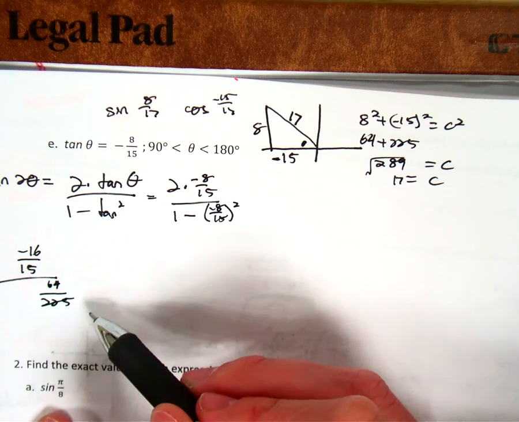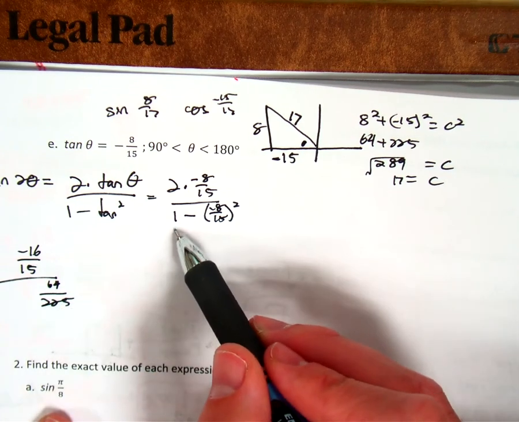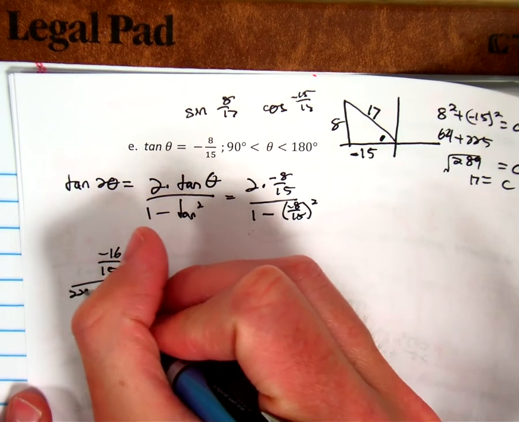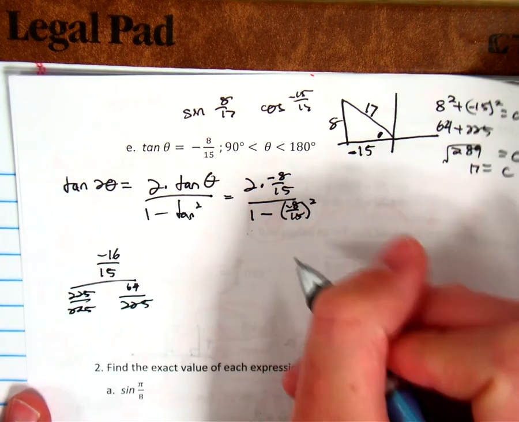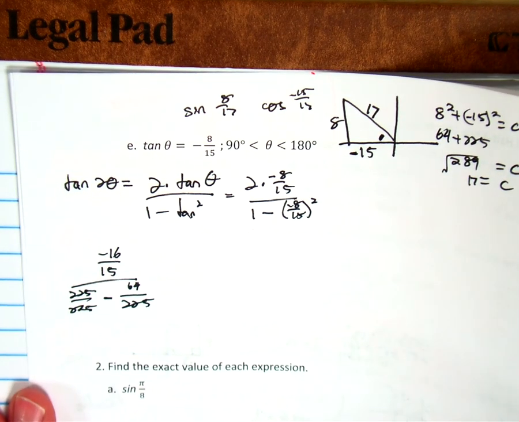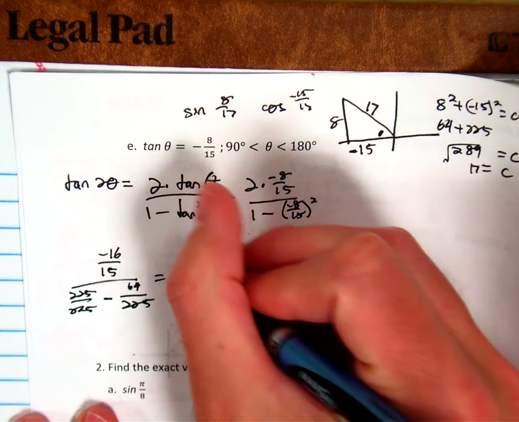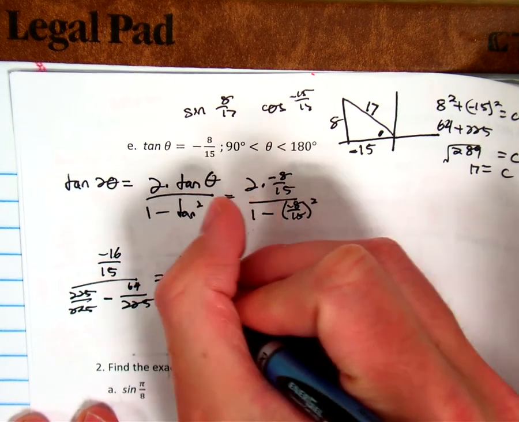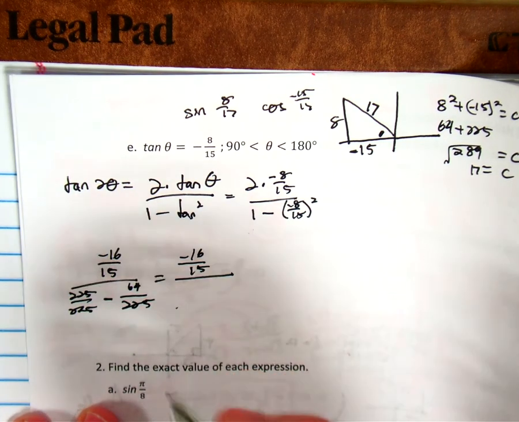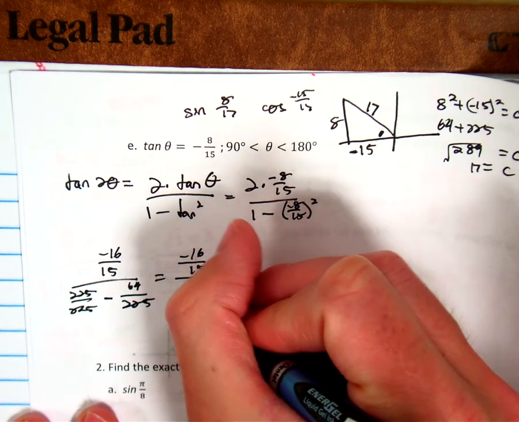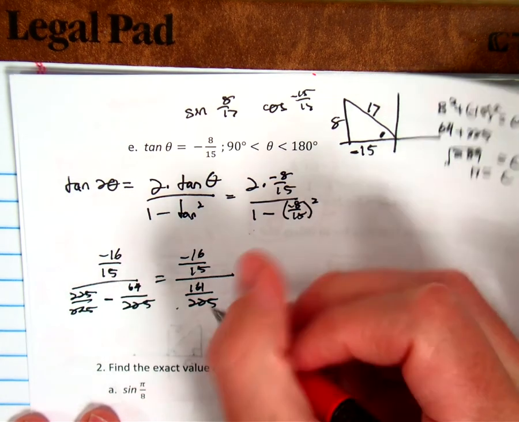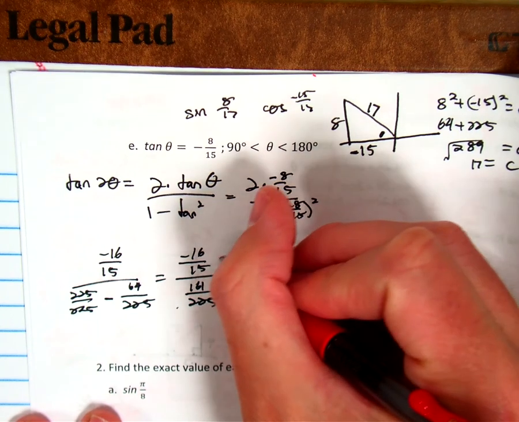Okay, so by doing this first and seeing that it's over 225, now I know what to change my 1 to be. It's 225 over 225, and we still have this minus in the middle. Negative 16/15 over 225 minus 64 is 161 over 225. Fraction over fraction, multiply by the reciprocal.